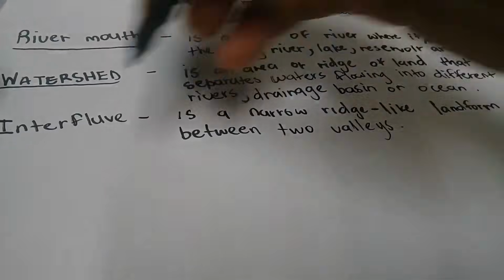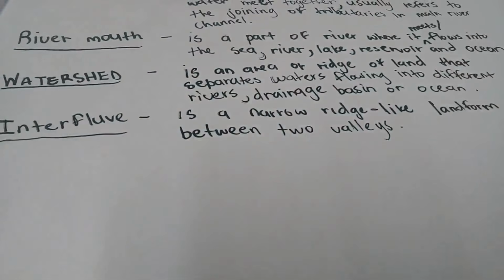So that's the difference between an interfluve and a watershed. A watershed divides two different drainage basins, but an interfluve is inside a drainage basin between two tributaries. They are both highland areas, but an interfluve is between two valleys and a watershed is between two different drainage basins.